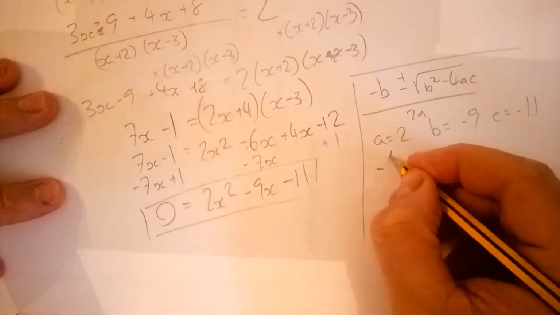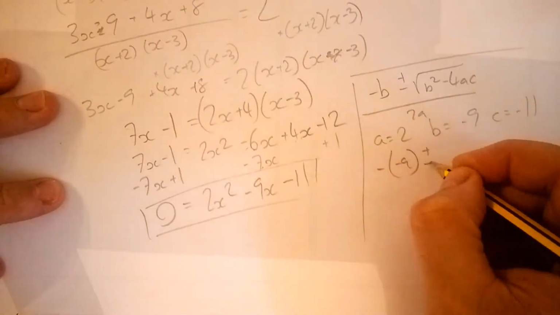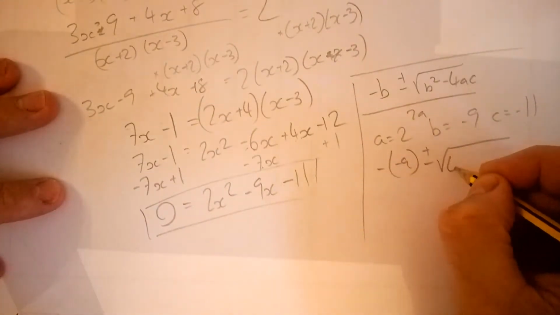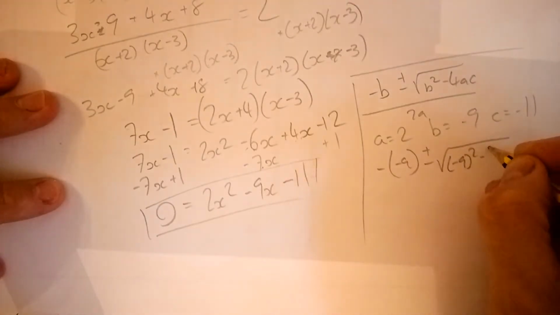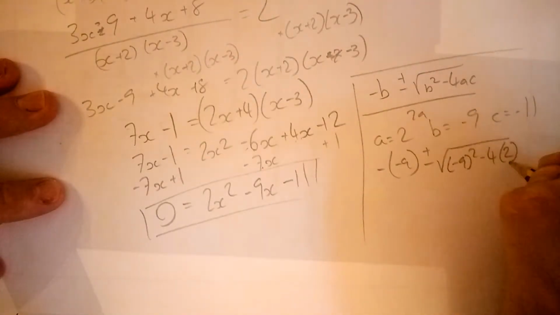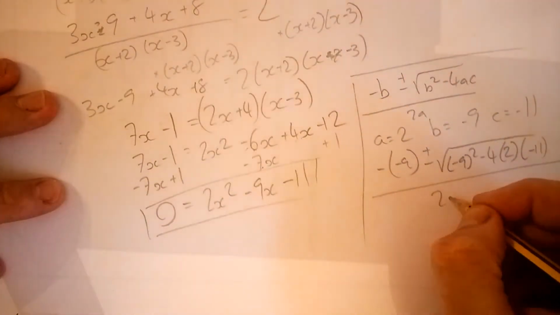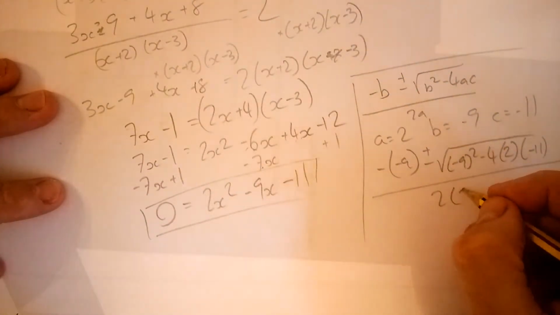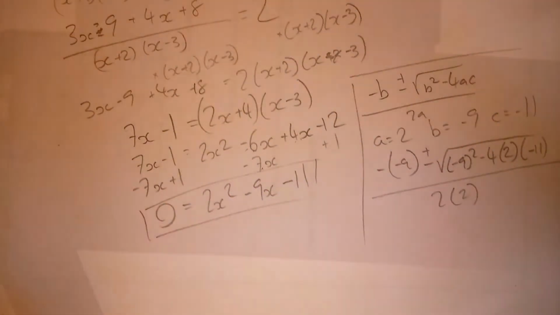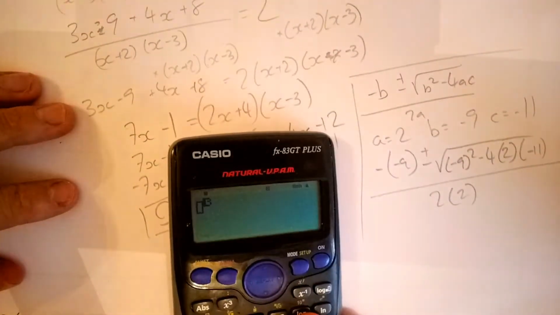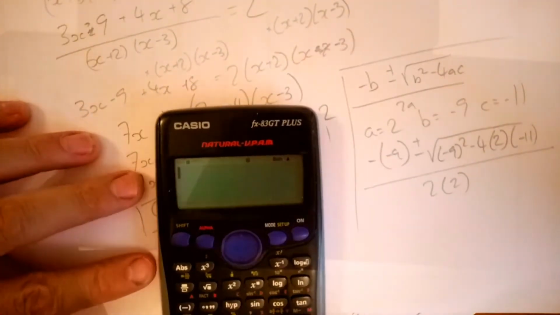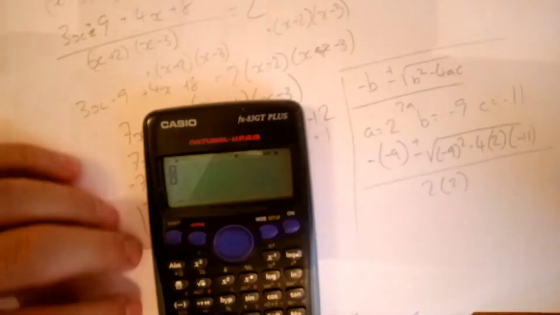Right, so I've got minus 9 plus or minus the square root of minus 9 squared minus 4 times 2 times minus 11, all of this over 2 brackets 2. The reason why I put everything in brackets is because sometimes the calculator will mess up if it doesn't see the brackets, and I can type this in exactly how it looks.